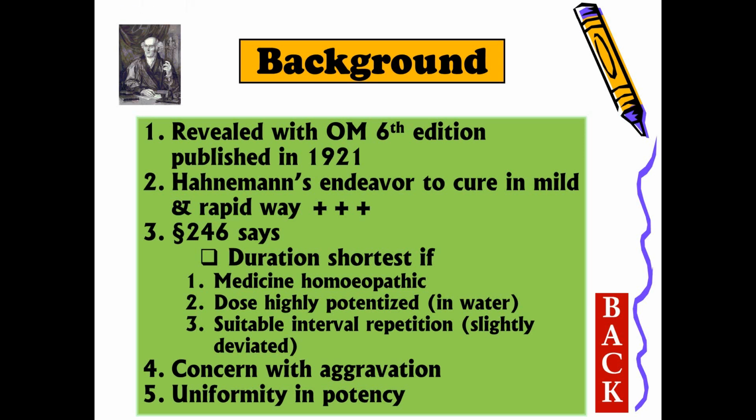Otherwise, what happened earlier, a generation before me, I have seen in my practice, a patient would say, homeopaths are very cruel people, Dr. Kochhar. I said, why? I told the doctor there is aggravation, he was very happy. He says there is aggravation, no worry, your patient will be alright. What a cruelty, he says.